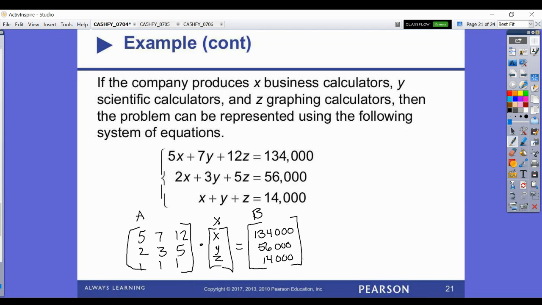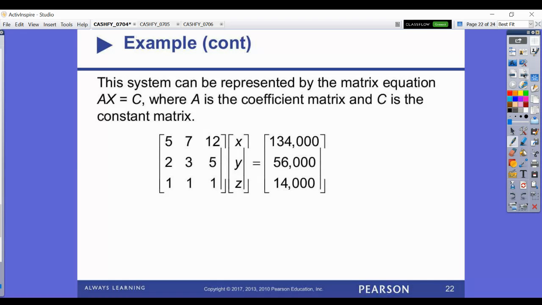And then all I have to type on the home screen, go second quit, get back out there, do matrix A, names, with the little inverse button, and then I do like to hit times because I just like to see it there, matrix B, and press enter, and that is all you have to do to solve it.